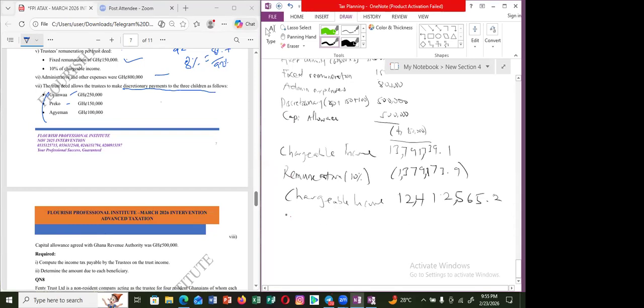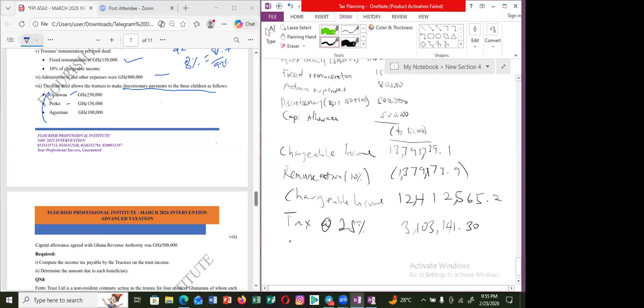And remember, they are taxed at 25%. So what are we getting, please? 3,103,141.3.